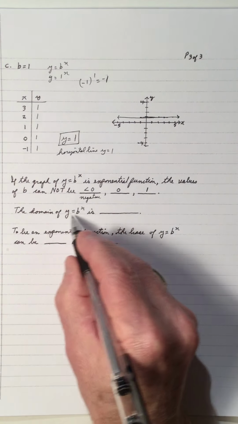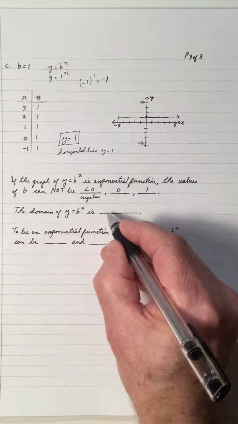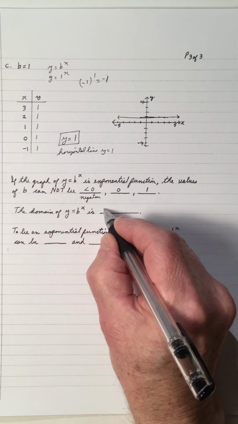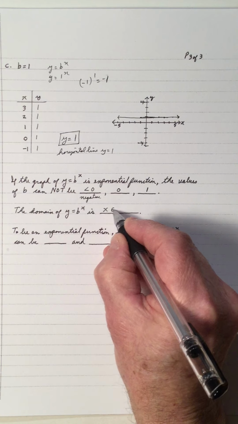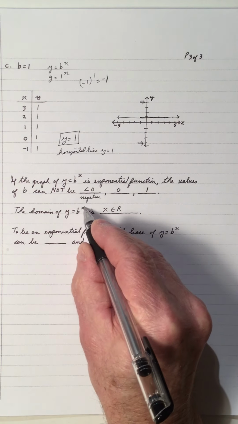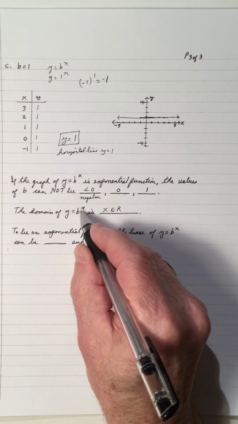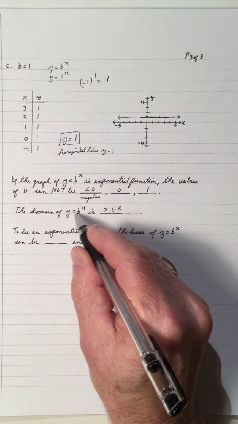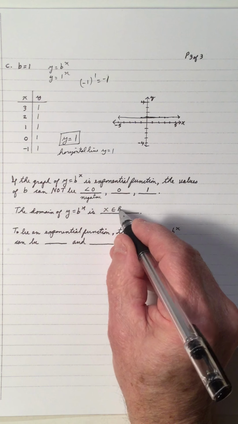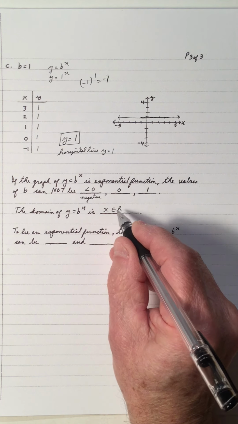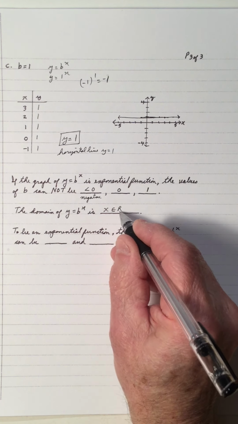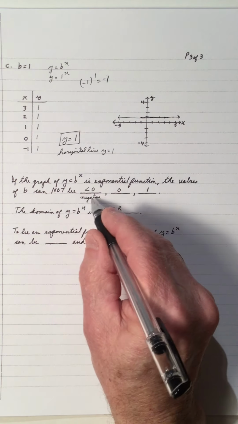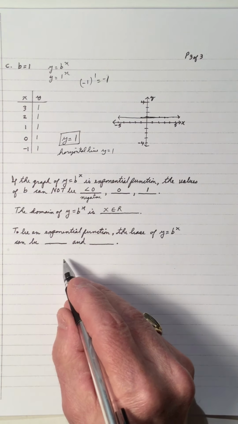The domain of y equals b to the x: the x values belong to the reals. You can put any value of x belonging to real numbers into any exponential equation. So the domain is always x belongs to R, always real numbers, never changes for this sort of equation.